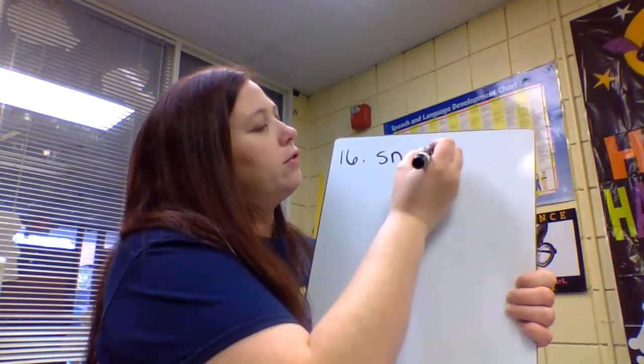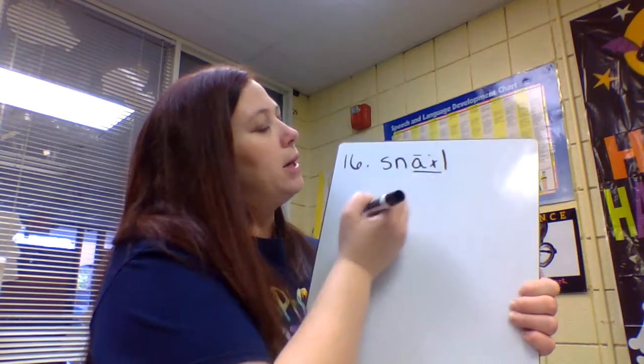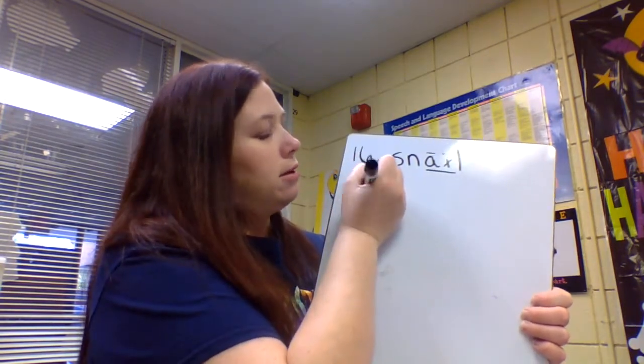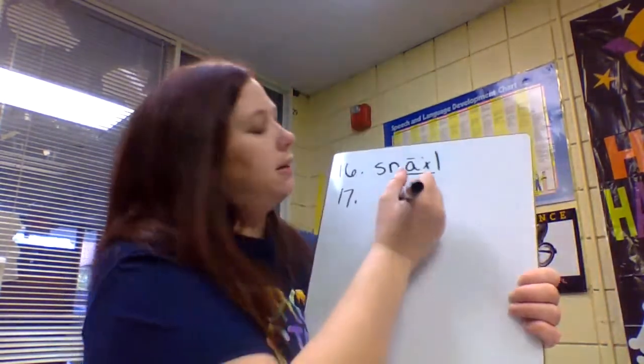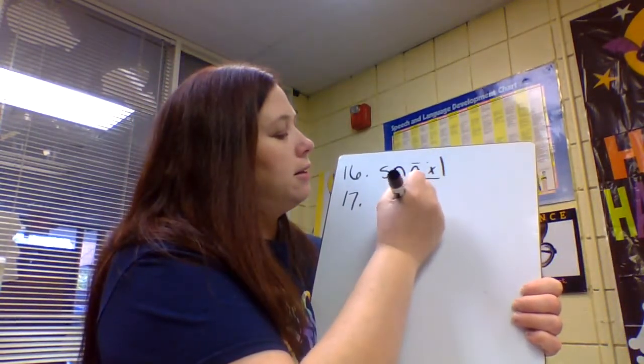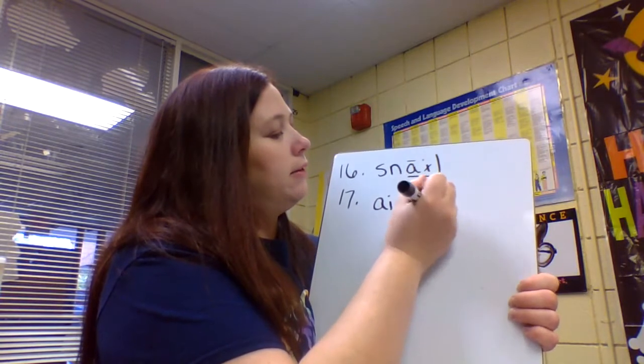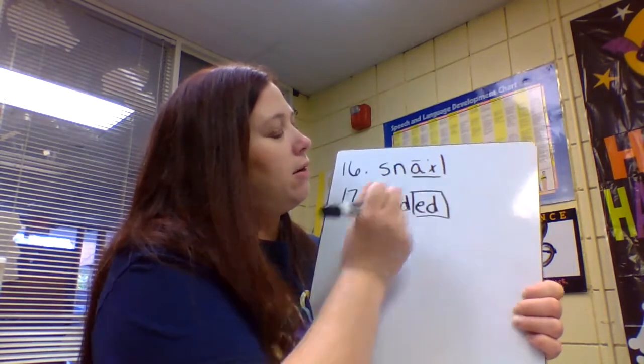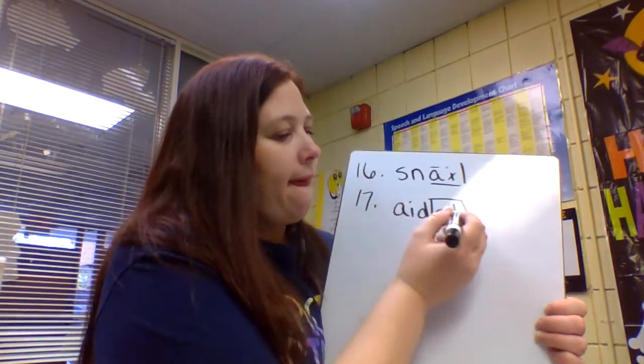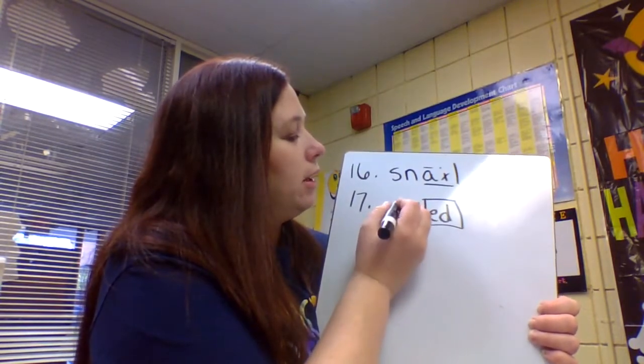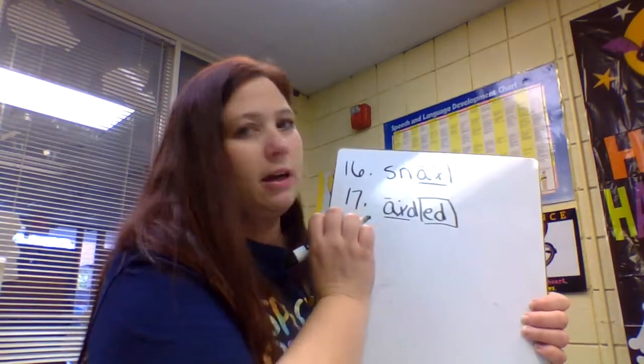We're going to underline it, cross off the I, and the A gets a macron. Number 17. Aided. Here we have suffix ed. We're going to box that off. Okay? And then we have our AI, so it gets underlined. And the A gets the macron, and the I gets crossed out.